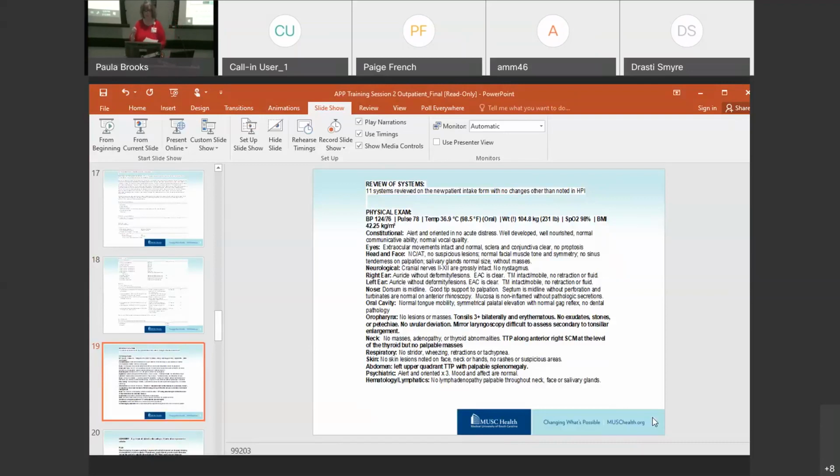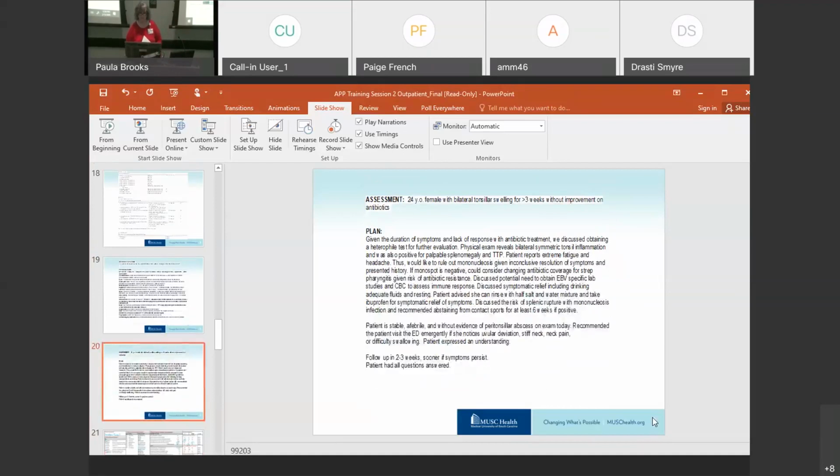So the review of systems that we actually get to count are those ones that were in the HPI that I named off. And that's it. So we did not get to 9 review of systems on this patient, or excuse me, we didn't get to 10. We had between 2 and 9, which puts us at a detailed review of systems. We have a complete physical exam on this patient. And then we get to our assessment and plan.